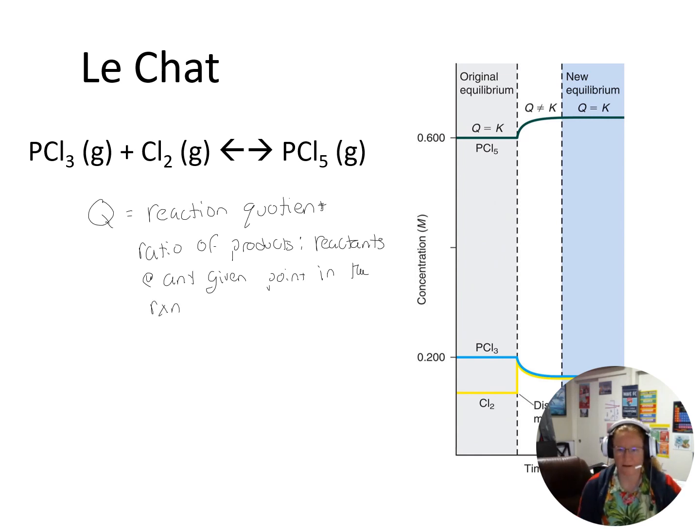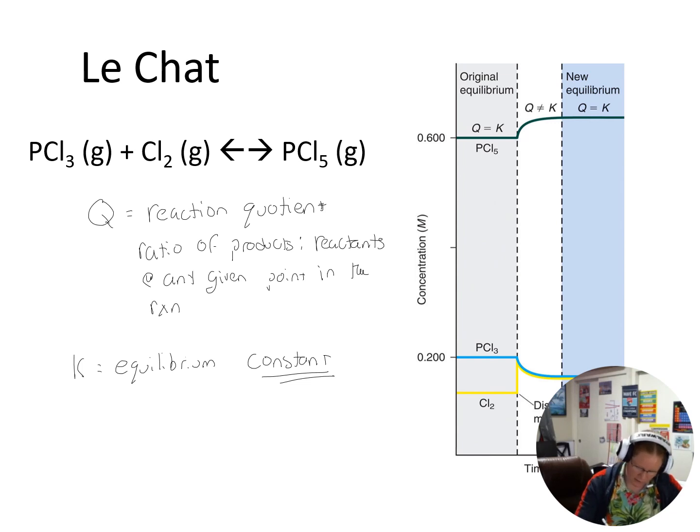All right. Now, the other one is K. This is our equilibrium constant. Okay, so this is the ratio of products to reactants at equilibrium.